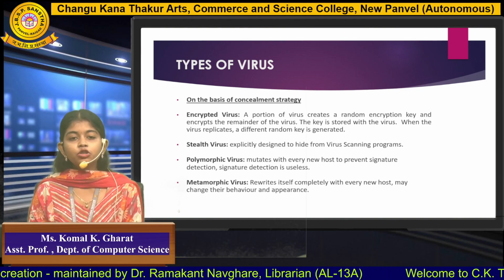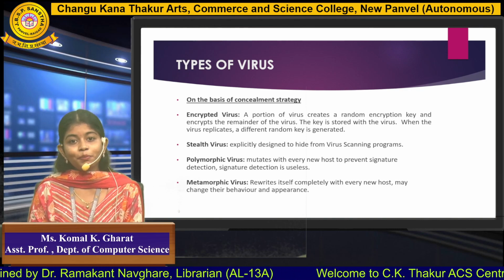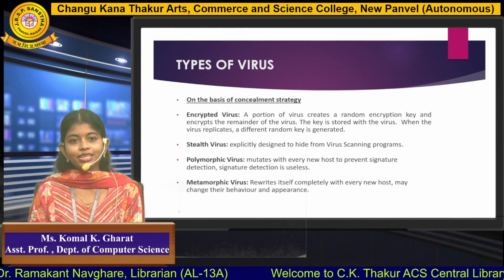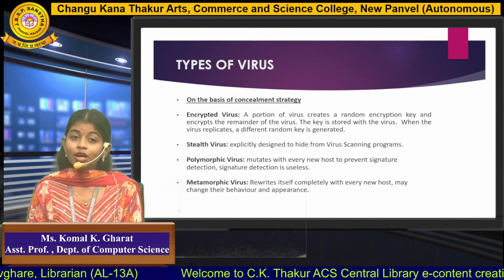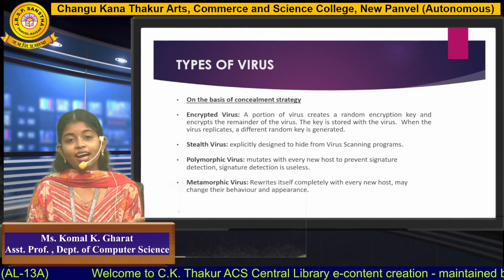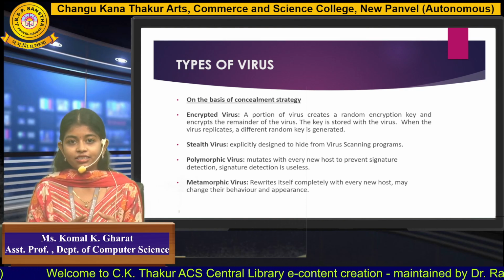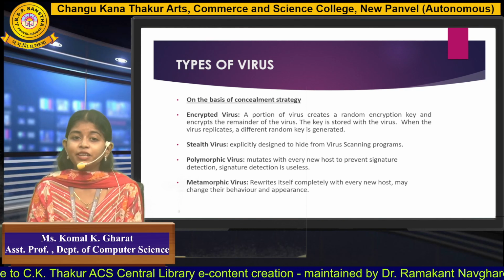Then the fourth virus is the metamorphic virus. It rewrites itself completely with every new host and may change its behavior and appearance also. So it is the advanced version of the polymorphic virus. Here this virus totally changes its appearance as well as behavior.